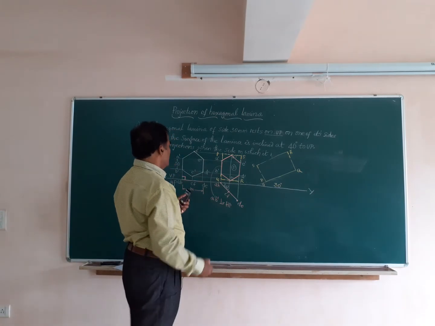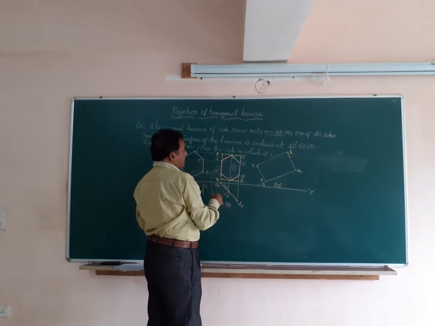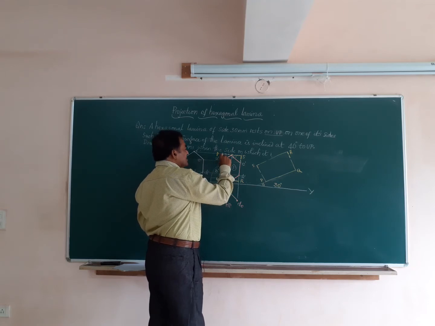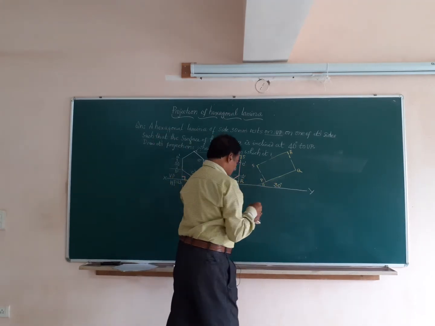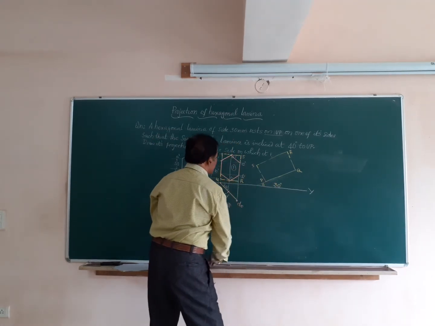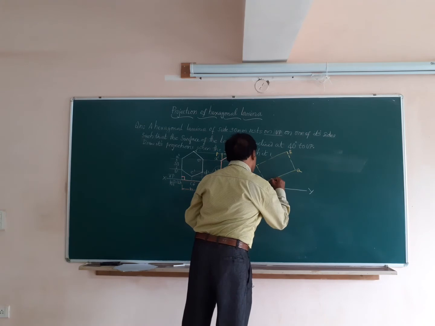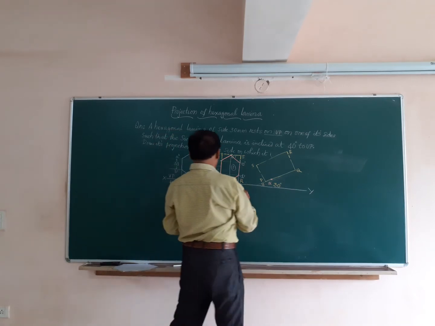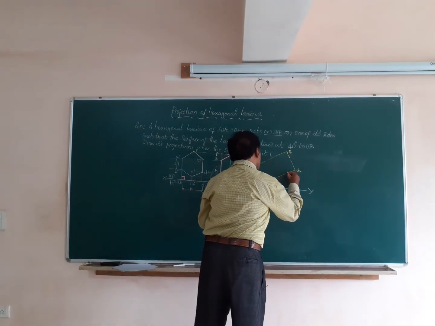You can just observe. I want to locate A and B to start with. A dash is on PQ at this distance. So on PQ, take this measurement and mark the point A dash. So you will get this point A dash. Equal distance from the other end, you will get the point B dash. So this is your B dash.